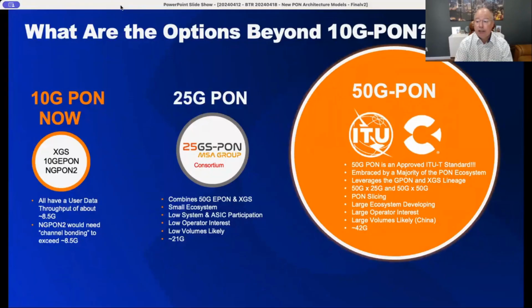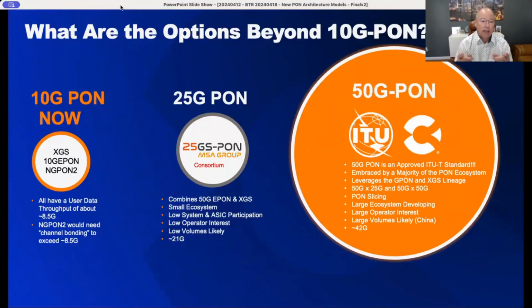So ITU-T PON defined 50 gig. So right now, ASIC vendors are making products, optics vendors are making products. They have a 50 by 25 solution or a 50 by 50 solution, all in the same ASIC. And it can enable PON network slicing, that's carving out some of the network. And it has a large ecosystem.